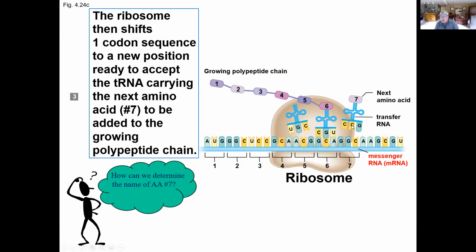Their anticodon sequence must match the exposed codon sequences of the messenger RNA. We then link these amino acids together. So as she says, this is growing. We are growing this polypeptide chain one at a time as the ribosome moves along the messenger RNA, and individual amino acids are shuttled in by individual transfer RNA molecules.